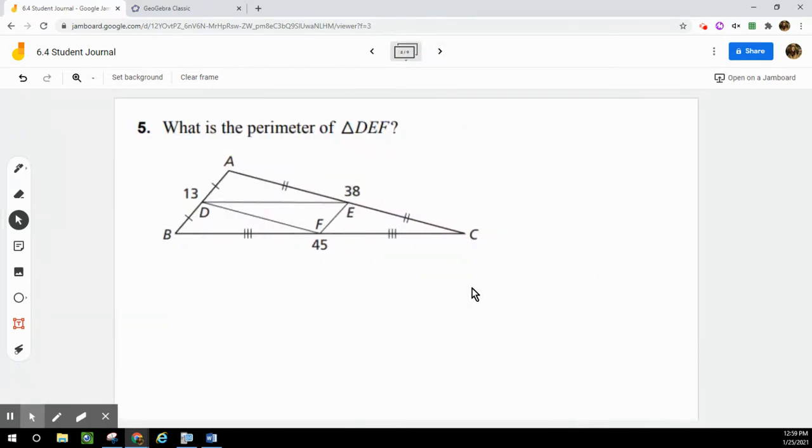In question 5, it says, what is the perimeter of triangle DEF, which is the mid-segment triangle? So if we know that A to B is 13, then half of that would be 6.5, which would be this one. If we know that A to C is 38, then half of 38 would be 19, which would be this one right here.